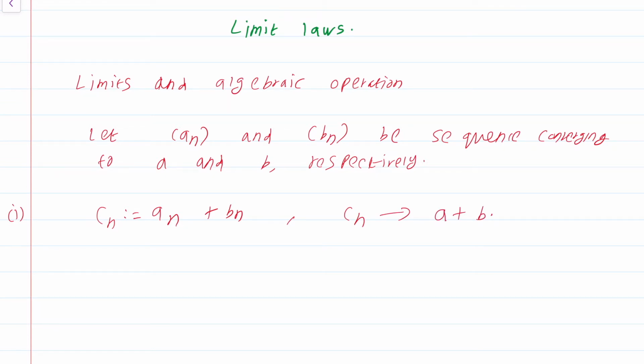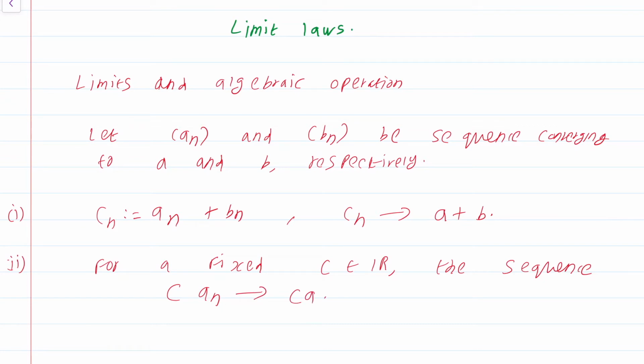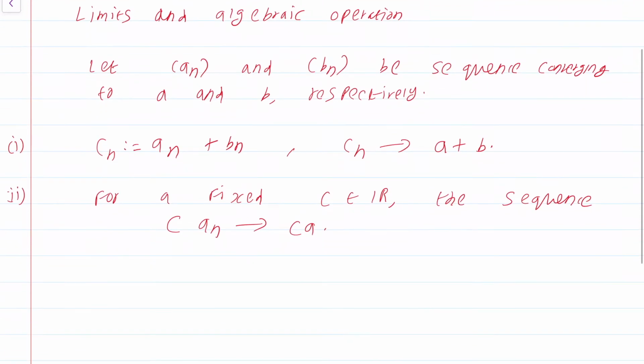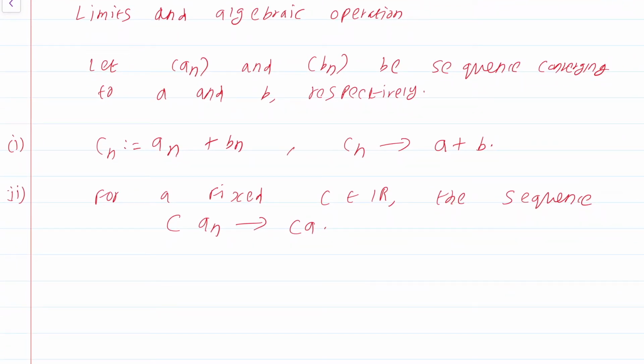And the second limit law is for a fixed c in R, the sequence can converges to ca. So I'm no longer using an elaborate notation, I'm just denoting the sequence by an expression for its nth term.